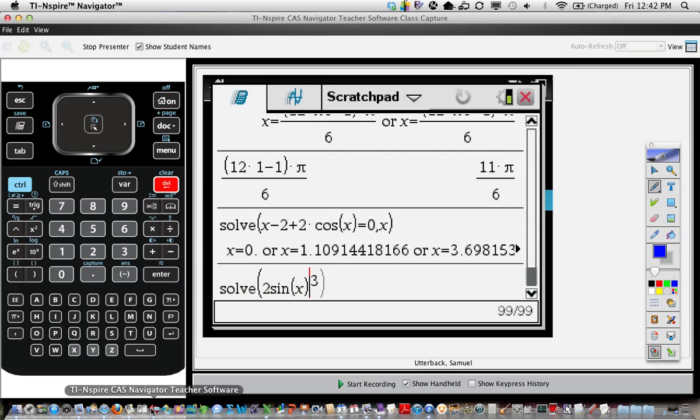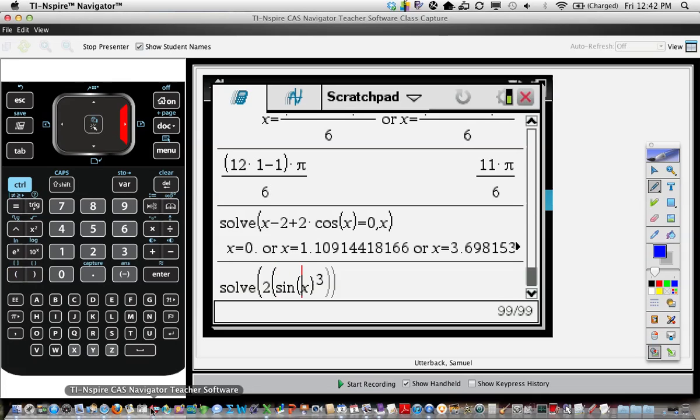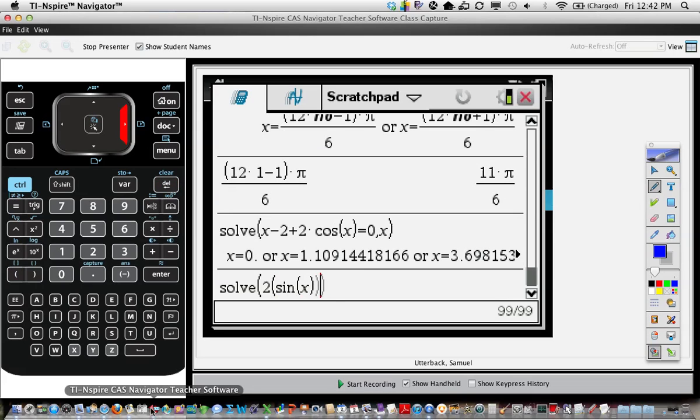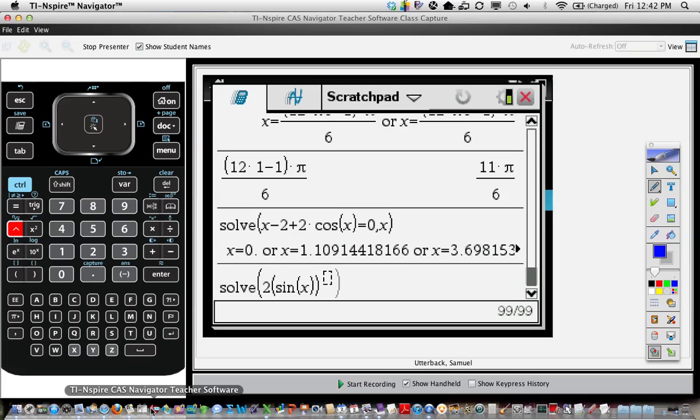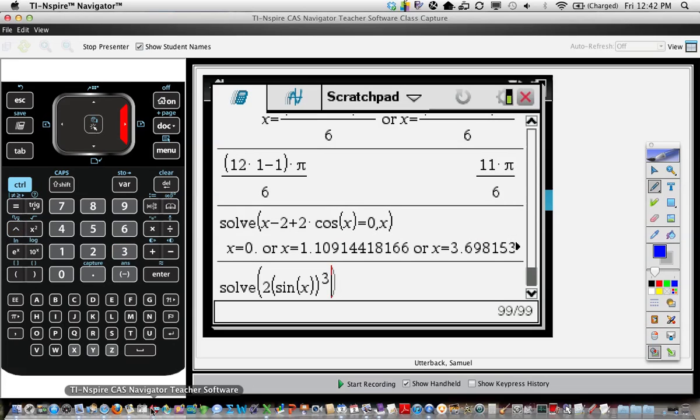Yeah, that's no good. We better come back here to the 2. We don't want the 2 to be cubed. So go, yeah, there you go. Hit a left, there we go. And then I would delete that cubed. I think the way you had it, Sam, would work. Let's hit delete again. There, and put it right there. There we go. So see how we've got sine of x, then in parentheses, and then the cube?